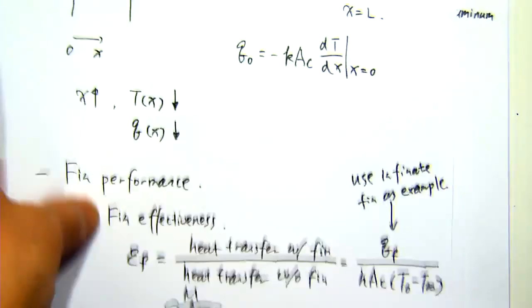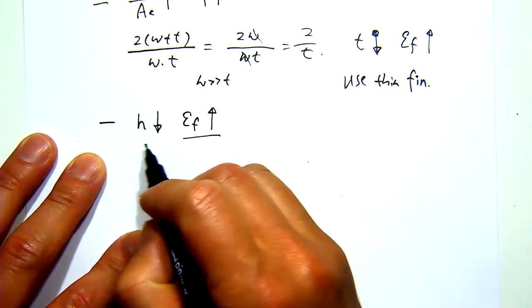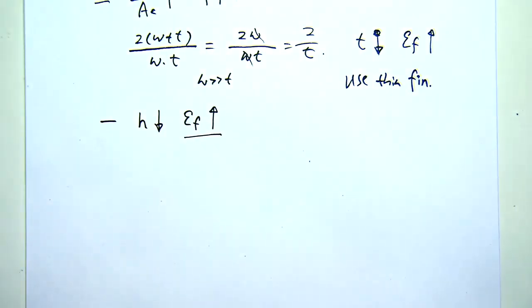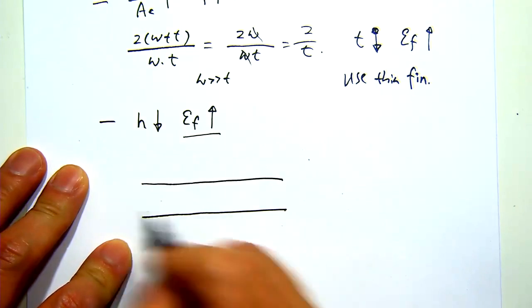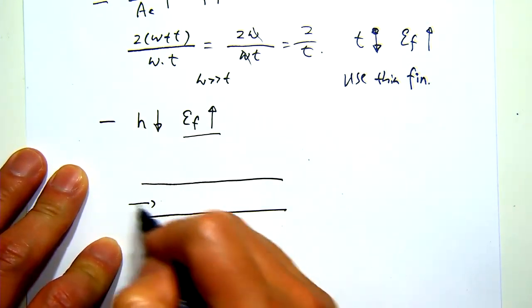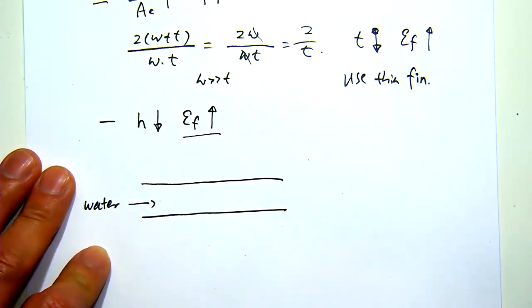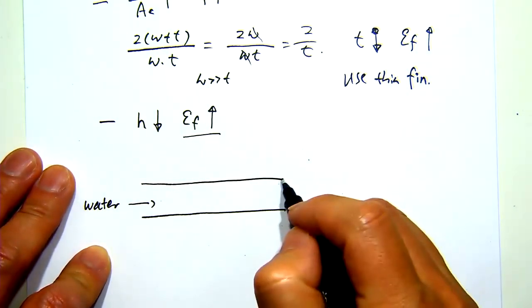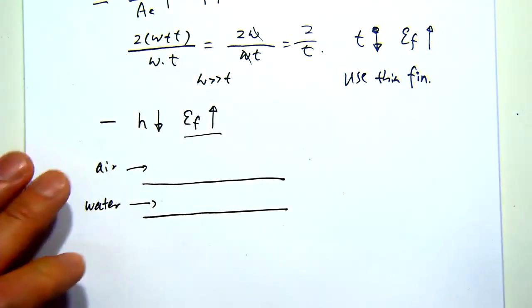All right, so what you want to understand is this: if you have a choice, for example, you can put the fin on either the air side or the water side. For example, you have water flowing in a tube, like a coolant or hot water that you want to cool, and then you have air flowing outside, right?